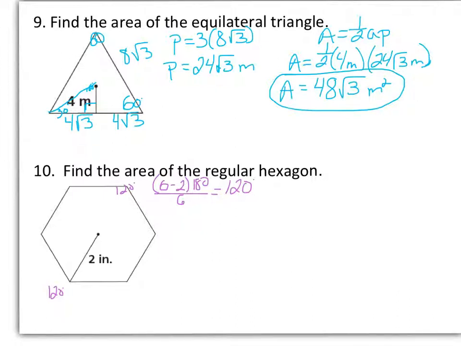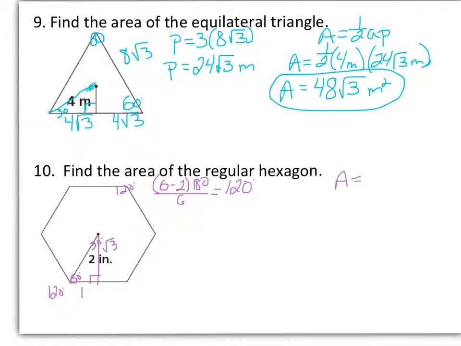I'm going to draw in my apothem, which is the perpendicular line segment from the center to one of the sides. So now this angle is 60 degrees, so then my small angle up top is 30. 2 is the radius, which is the hypotenuse in our right triangle, so then that means my short side's 1. My long side is square root 3, which will be the apothem.